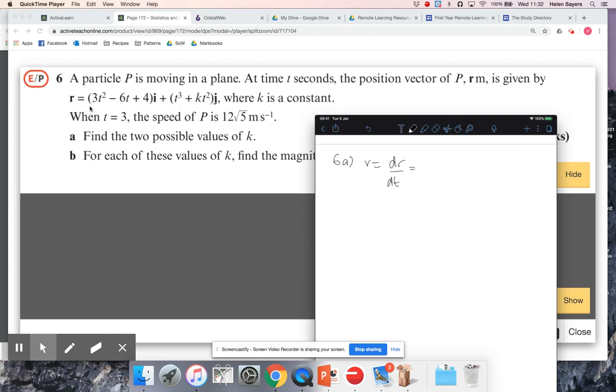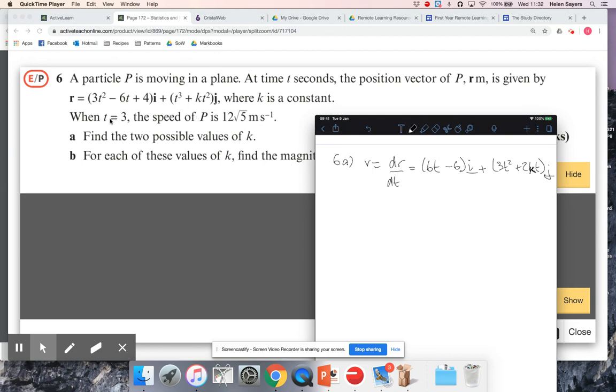The i coefficient is just going to differentiate to 6t minus 6, and the j coefficient is going to differentiate to 3t squared plus 2kt. Obviously I've got this unknown k, and that's what I'm trying to find.